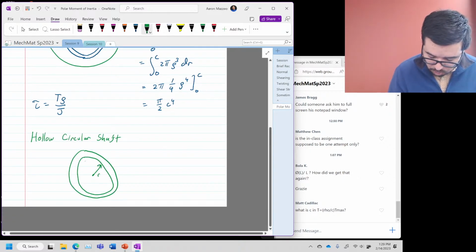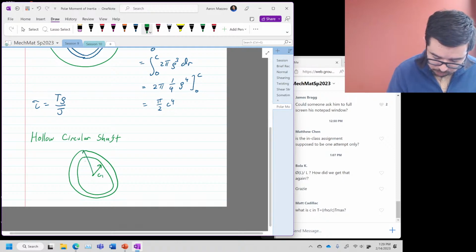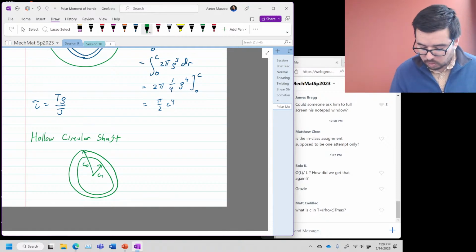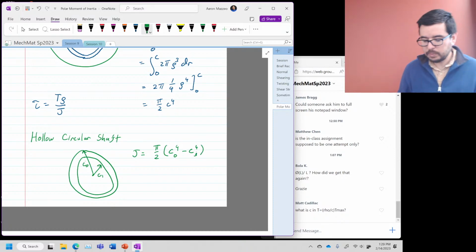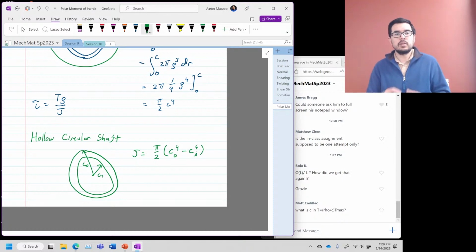If I have an inner C_i and an outer C_o, the J for this will be pi over 2 times (C outer to the 4th minus C inner to the 4th). So I'm subtracting away the part on the inside that can't resist.